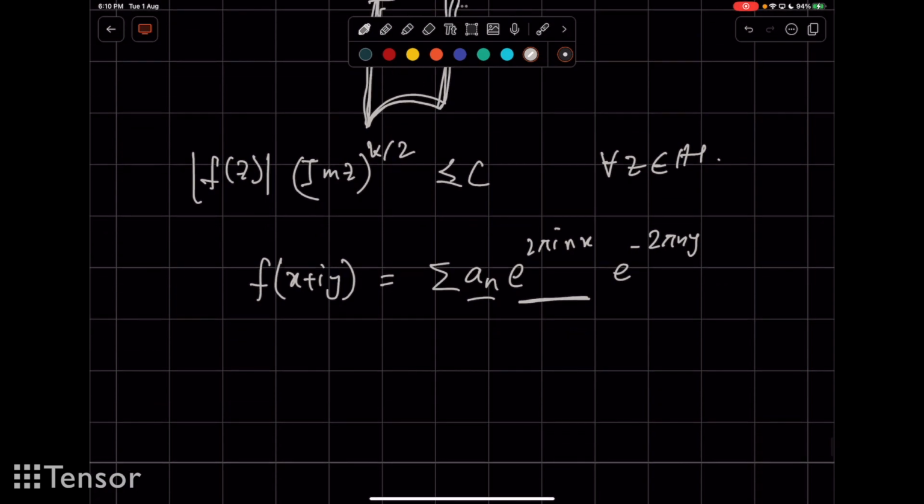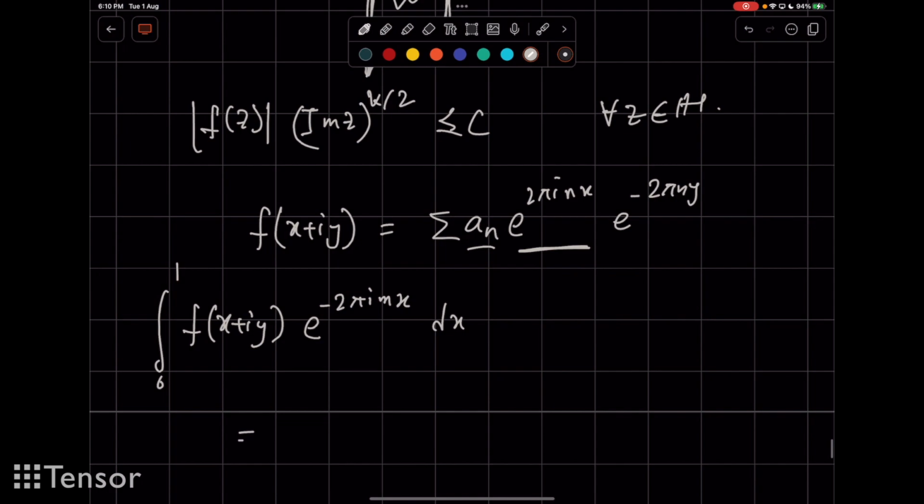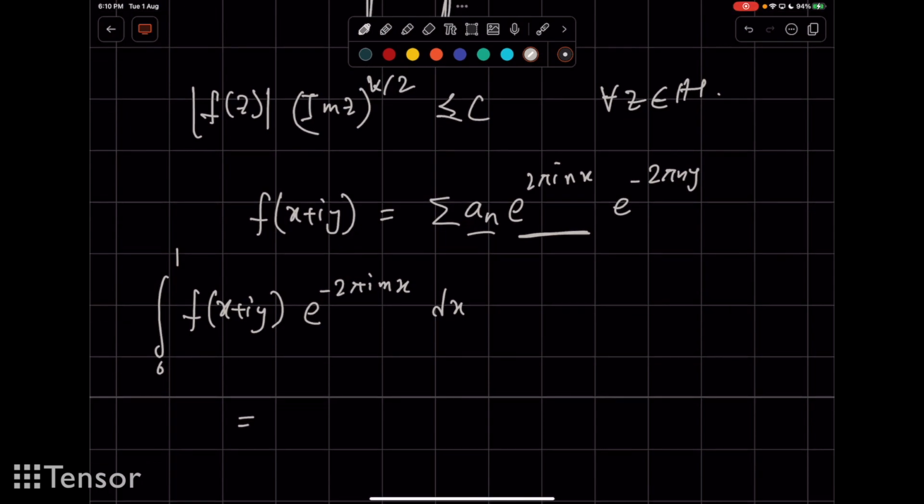So we are basically doing this: f of x plus iy times e to the negative 2 pi i mx, then we are taking the integral from 0 to 1. So again, we are swapping sum and integral because we can do it.